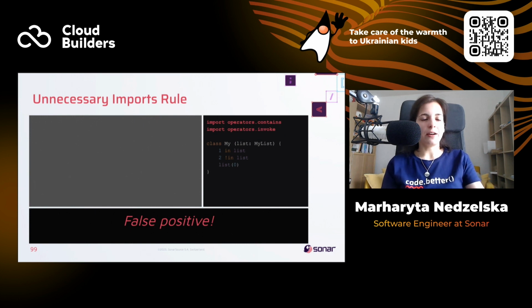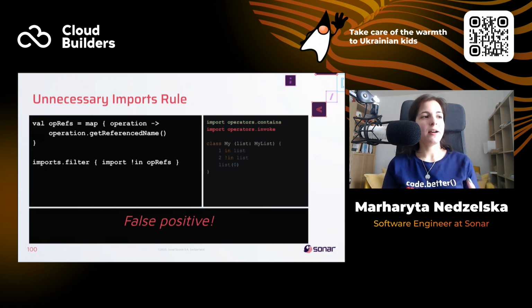After some workarounds, some ugly hacks, we found out how to get the referenced name from these operations and found the operator for contains. So we fixed the false positive with contains, but we still had a false positive with invoke. Why? Because in the abstract syntax tree, there is no difference whether you invoke something with the invoke operator or whether it's just a function, because for us everything looks similar.